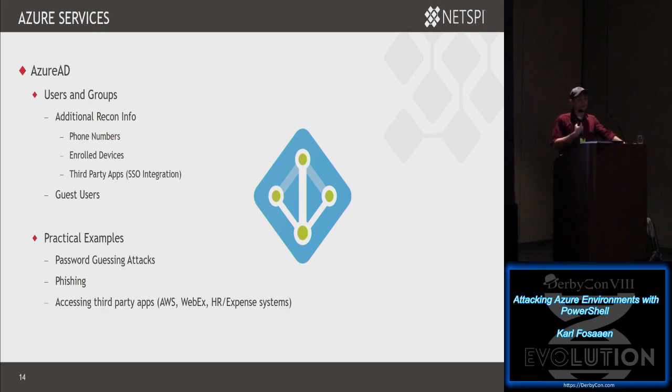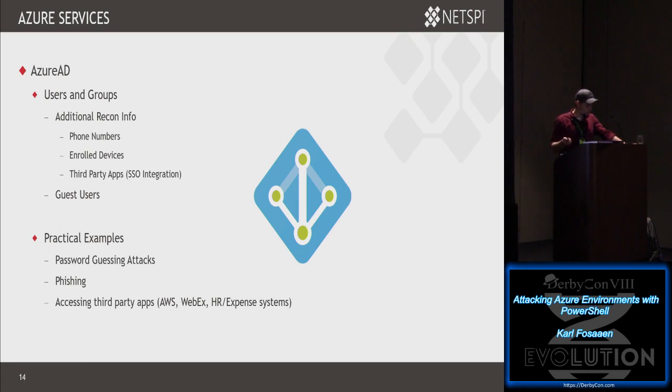So let's say that I get access to an owner account on one of these subscriptions. I can go ahead and add my NetSPI account as a guest account in Azure Active Directory and get a little bit more persistence. Not necessarily the most OPSEC safe thing. You're being pretty obvious at that point adding a user. However, if people are not auditing those guest users that are on those subscriptions, you might be able to hide out there for a little bit longer.